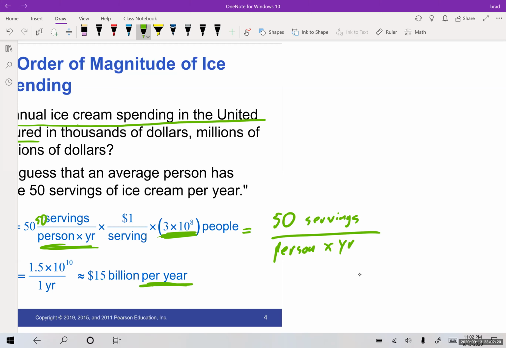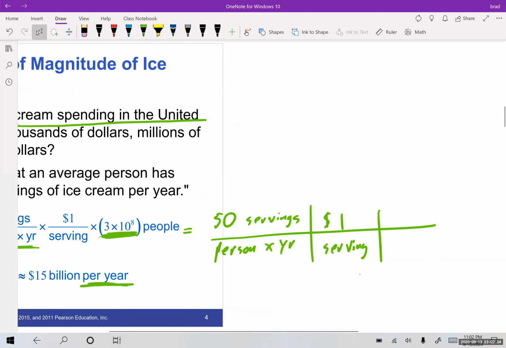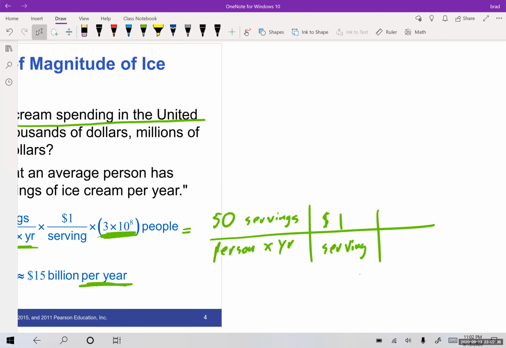Okay. Now we're going to multiply this, and we're going to do $1 per serving. They're just estimating that. And then they're going to do 3 times 10 to the 8th people.